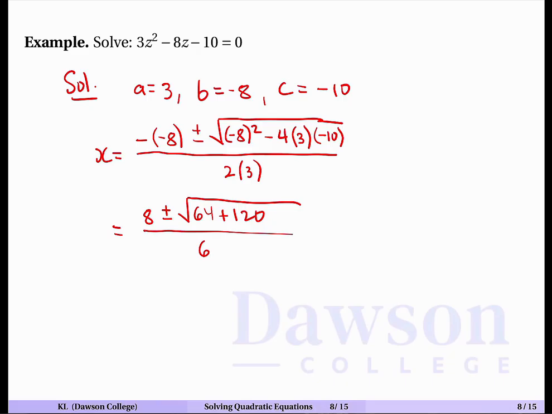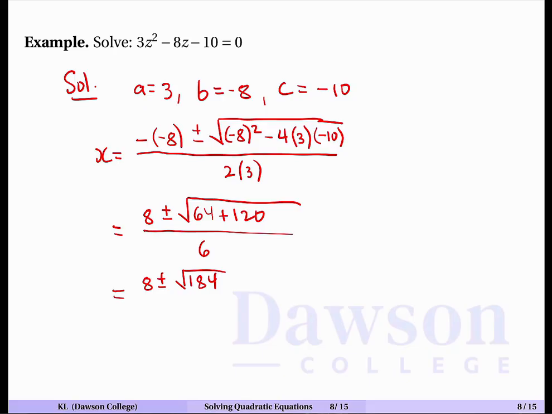And 64 plus 120, that's 184. Okay, so this will be 8 plus or minus square root of 184.